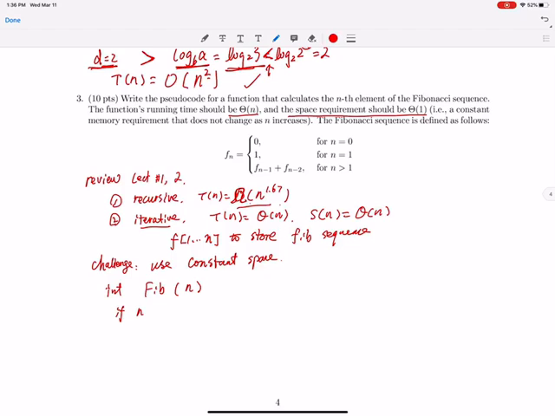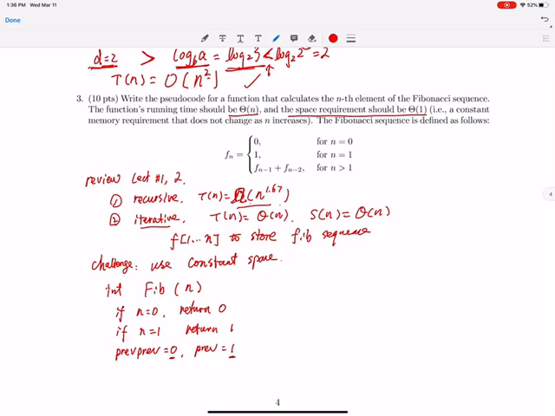Like before, if n is 0, return 0. If n is 1, return 1. For other cases, we're going to recycle 2 variables. We call them previous and current, and initially they are set to f of 0 and f of 1.